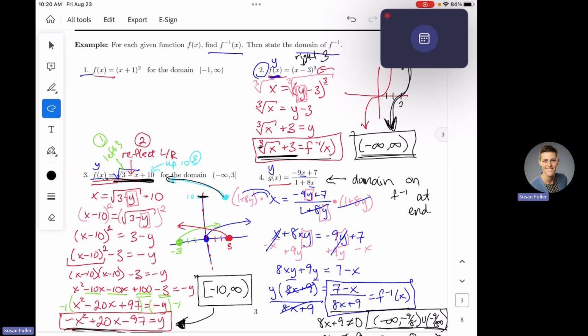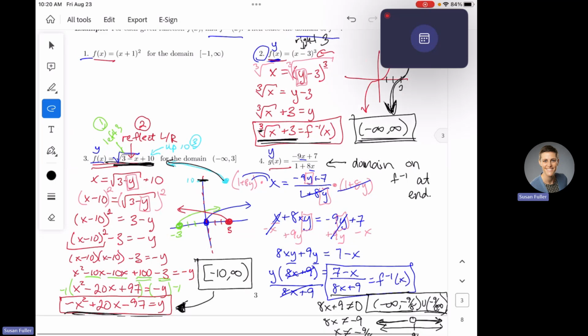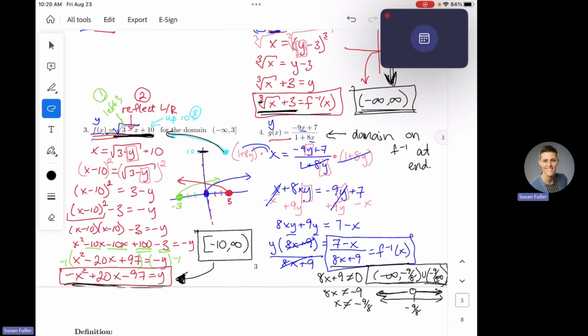That will tell you what the domain of your inverse function is. Most of the time they will match, but not when you have square roots in your original, just like number 3 here. And if you have a rational function like number 4, don't bother graphing it because it's going to be a pain, as you will see in our next class meeting. Instead, I want you to just apply your domain rules to the end.